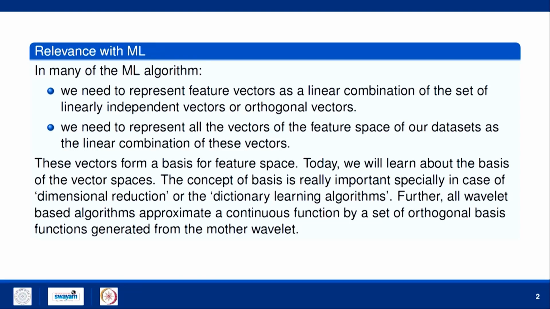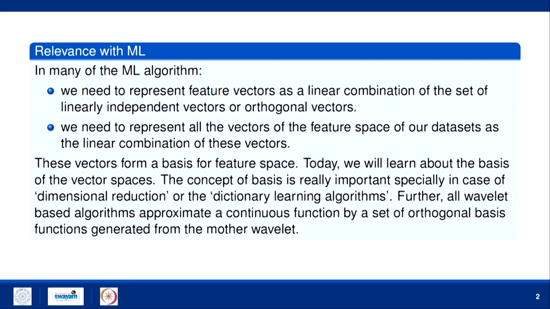In most machine learning algorithms we need to represent our input data, in terms of feature vectors, as a linear combination of certain vectors. All the feature vectors we want to write as a linear combination of a set of vectors. Those set of vectors may be linearly independent or they may be orthogonal.